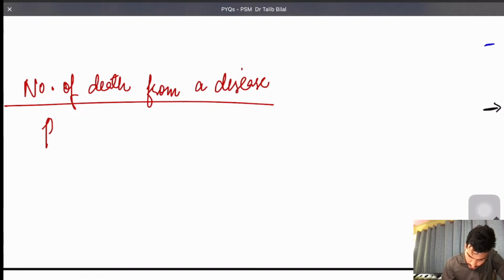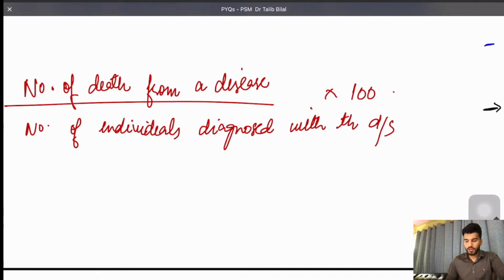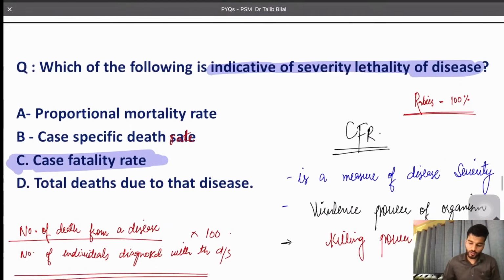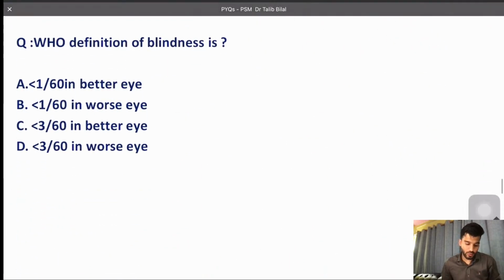Just correct it: number of deaths from a disease upon number of individuals diagnosed with the disease, multiplied by 100. So that tells us about a case fatality rate. So remember, guys, which disease has a CFR of 100%? That goes with rabies.